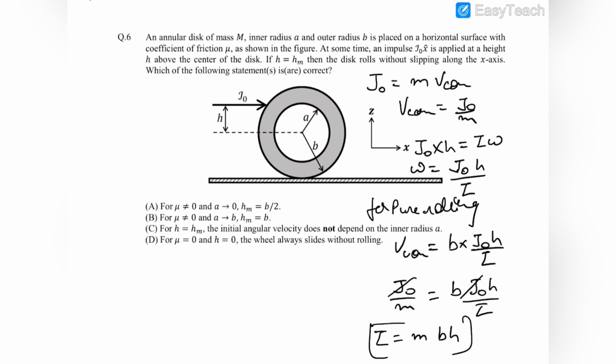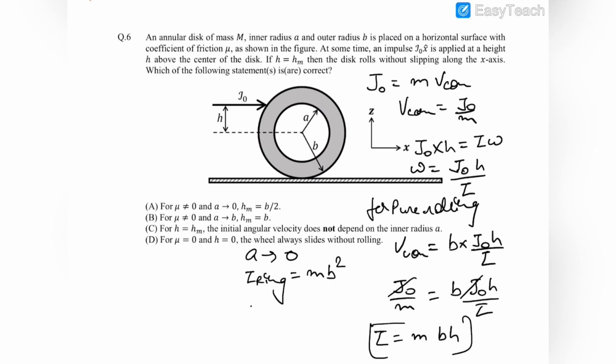Now you can see that if a tends to 0, then this is almost a ring, because it is almost hollow. So for a ring, the moment of inertia is m r square, and r would be b.